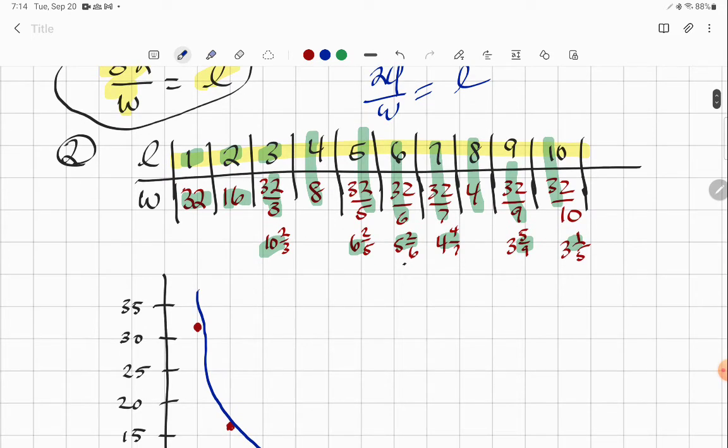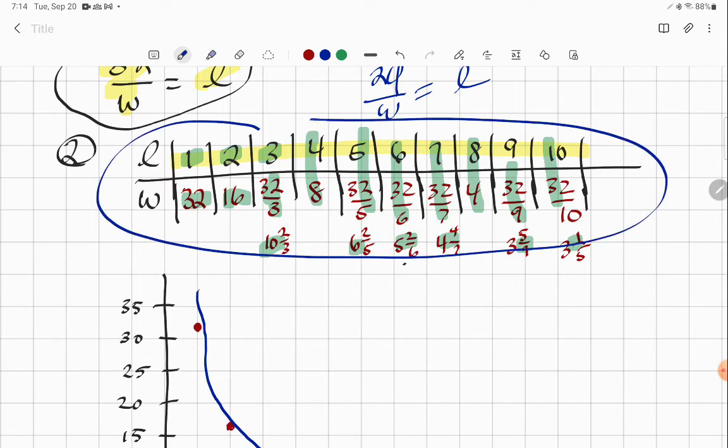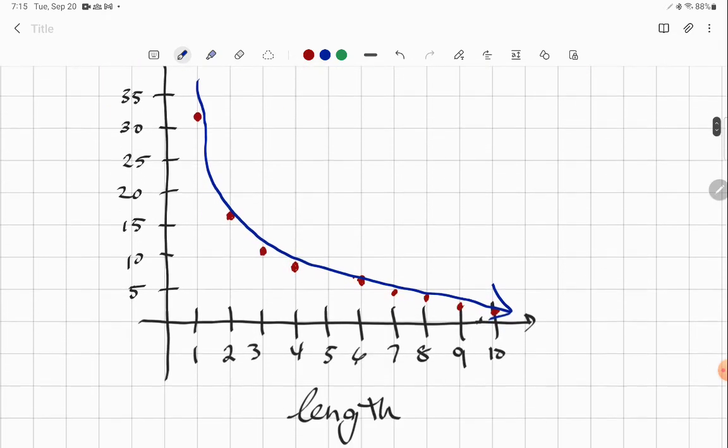And your table is going to look very similar, because if they choose a length of 1, their width is going to be 21,780 feet in width, which is kind of crazy. You're probably not going to want to do that. There's not much you can build on that sort of plot. So you're probably not going to have anyone that wants to do that.